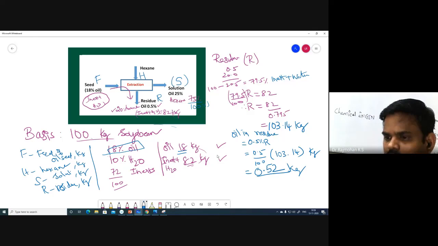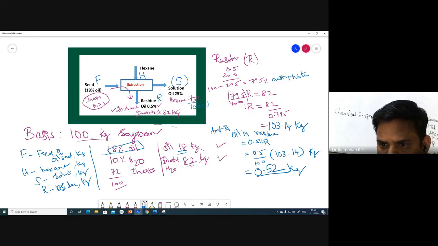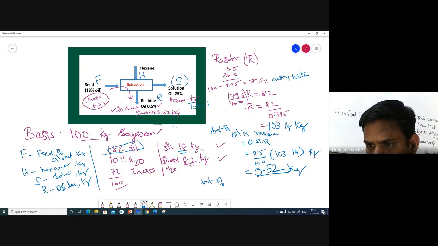So accordingly, we have got the value. The amount of oil present in the residue is 0.52 kg. So out of 18 kg entering in the feed, 0.52 kg is present in the residue. The remaining amount will be present in the solution. So we can write: amount of oil in the solution is equal to amount in feed minus amount in residue.